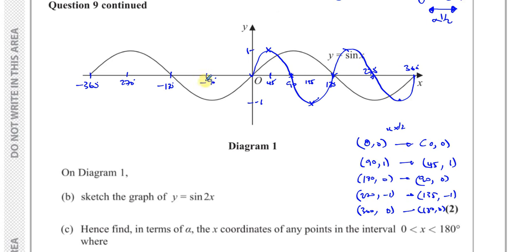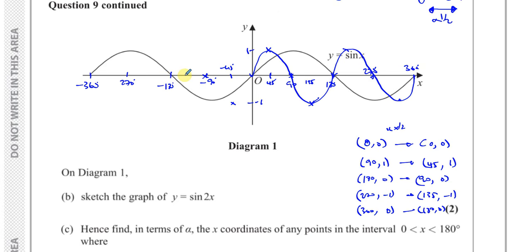And same thing with this, it would normally go through negative 90, negative 1. So it's going to go through negative 45, negative 1. That's negative 45. And instead of going through negative 180 and 0, it's going to go through negative 90 and 0.